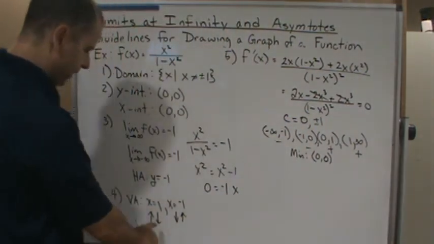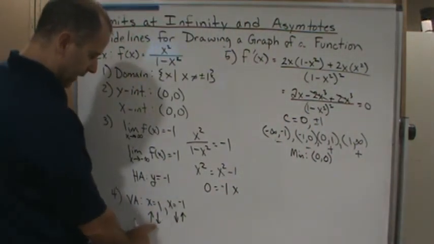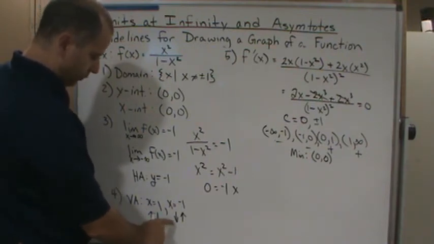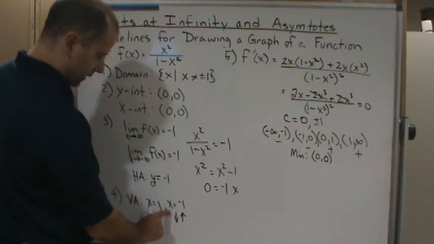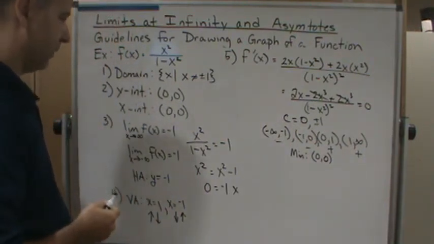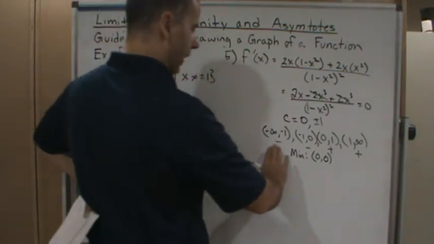These arrows are just telling me how it's behaving as it gets closer on the left and the right of +1, and on the left and the right of -1. So these arrows are meaning something different, but this is correct.